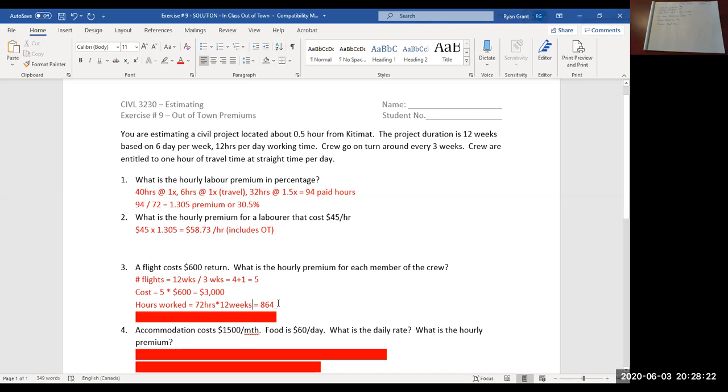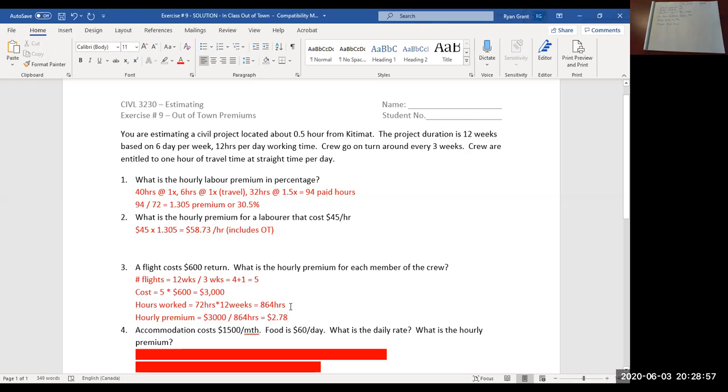So 72 times 12 is 864 total hours worked per each person. The last thing we do is take the total flight cost, 5 times 600, which is 3,000, and divide that by the total hours worked per person. Remember, this is the total flight cost for one person. So 3,000 divided by 864.